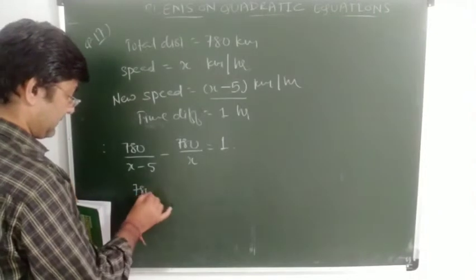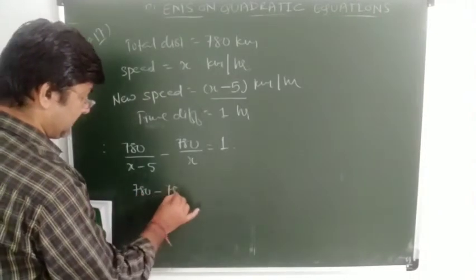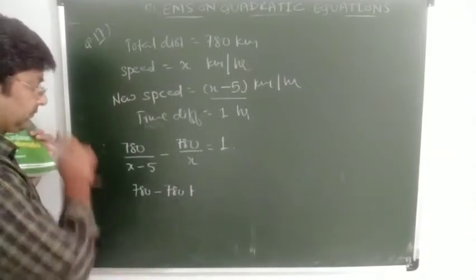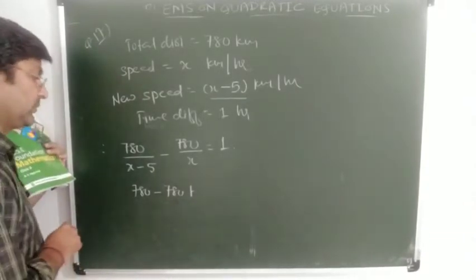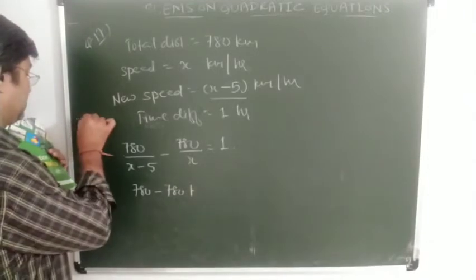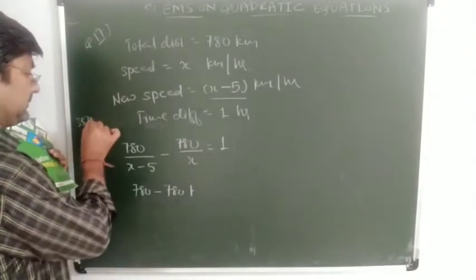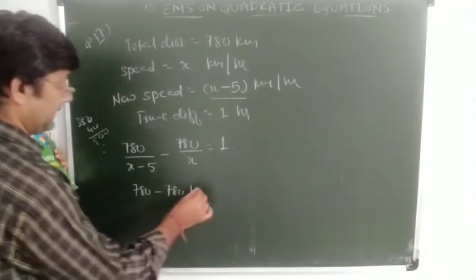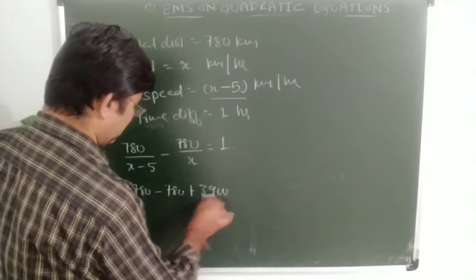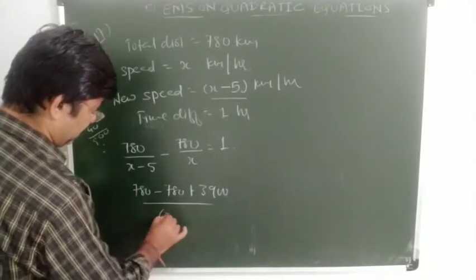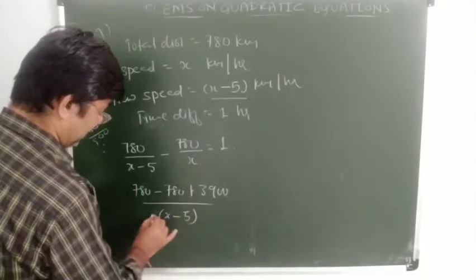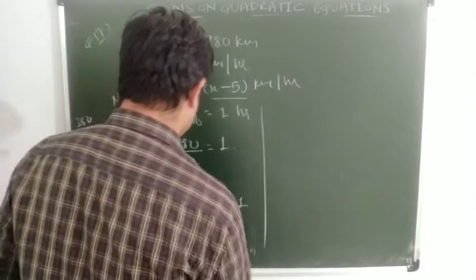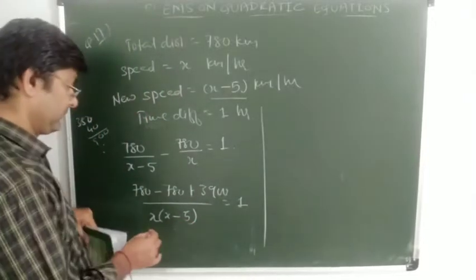So 780 minus 780 plus 780 into 5, that is 3900 upon x minus 5 into x is equal to 1. Let us further simplify.